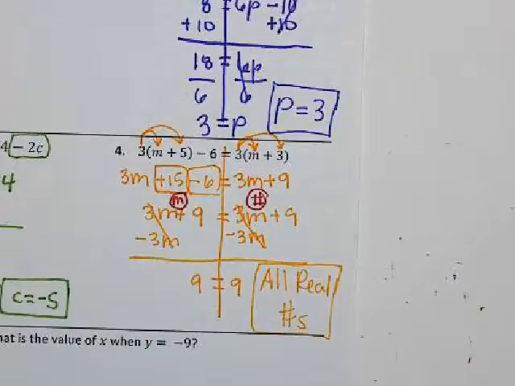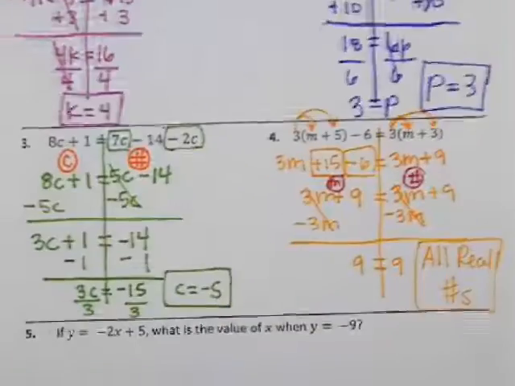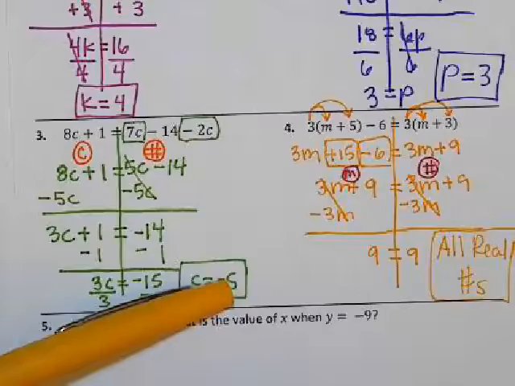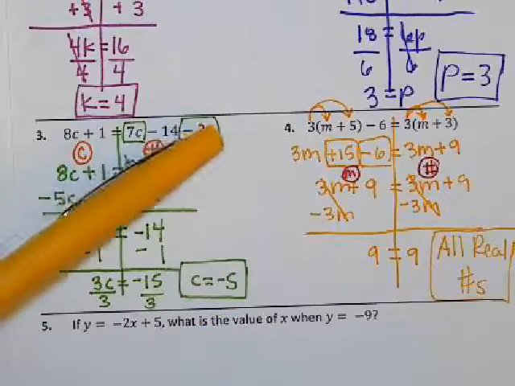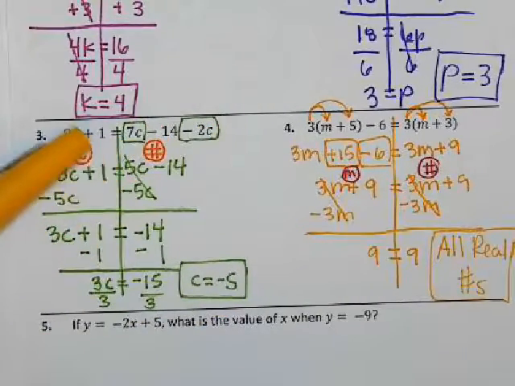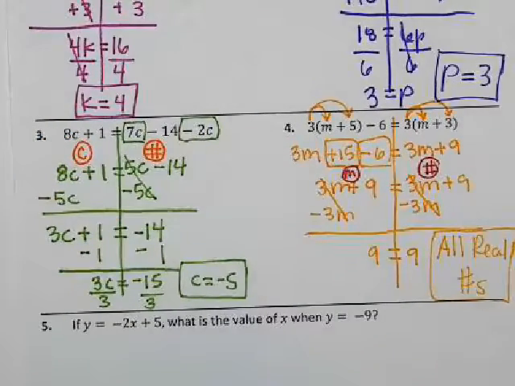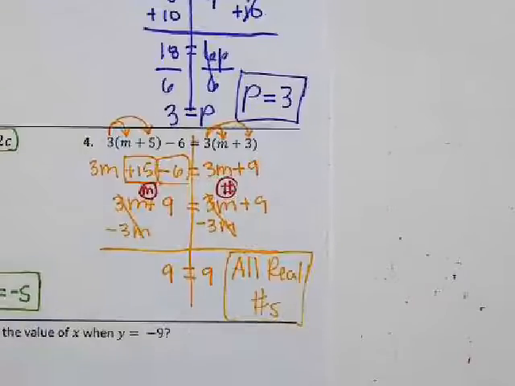Remember on Monday when we checked our work? How did you check your work? You plugged it in. Like on number 3, if I wanted to know if negative 5 was the correct answer, I would plug in negative 5 for each c and make sure this side equals this side. So what all real numbers means is that I could choose any number.